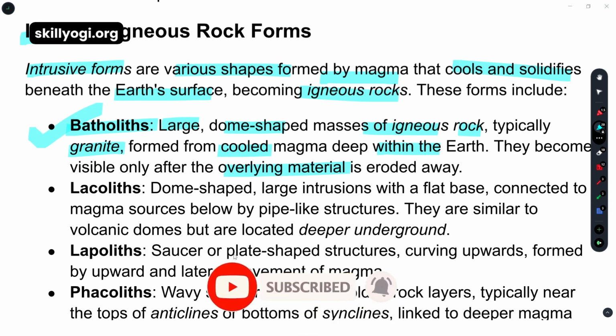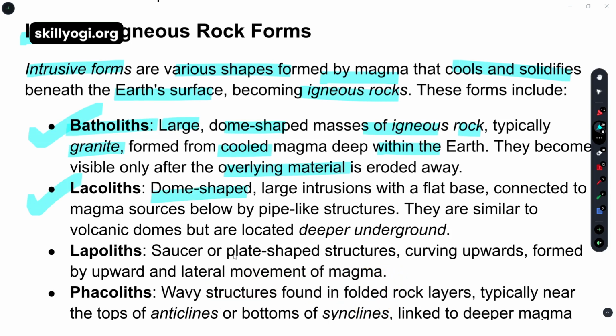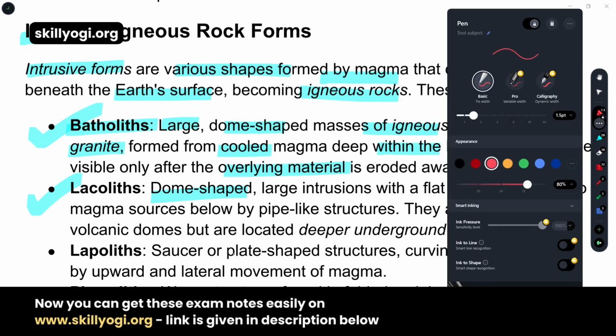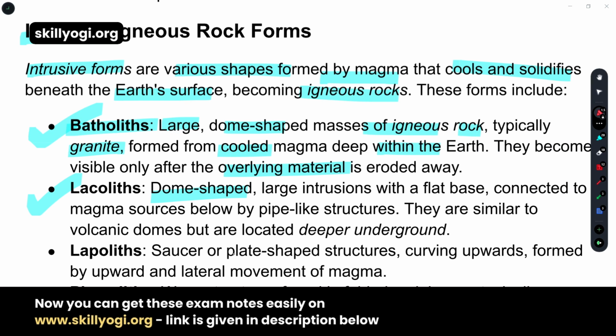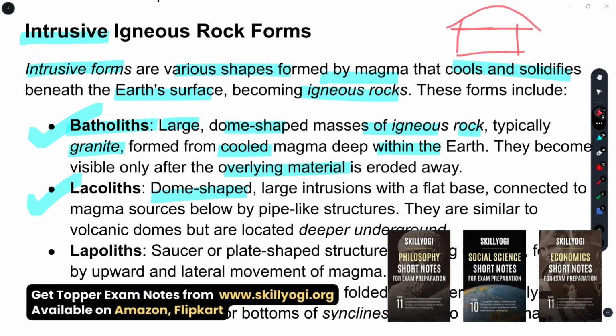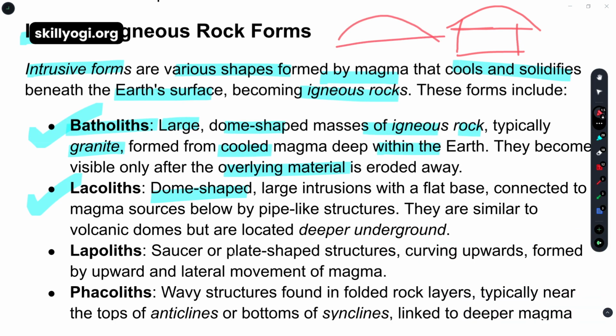The first is batholith. Second, come to the laccolith. It's dome shaped. If I draw it, then you can understand how it looks. Like a temple dome, as we sometimes learn in history. It's just dome shaped, where no edges can be seen.